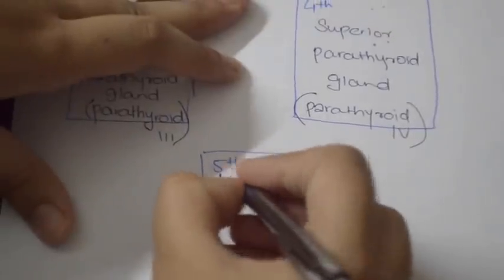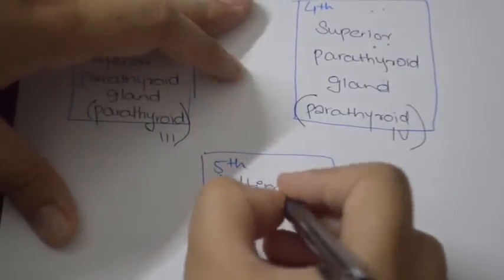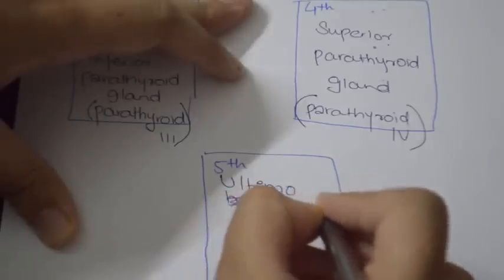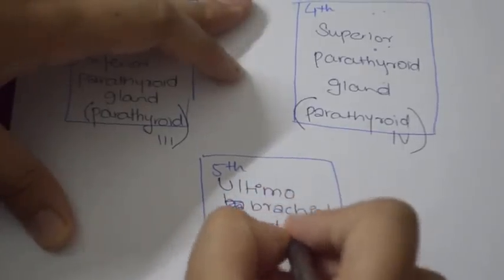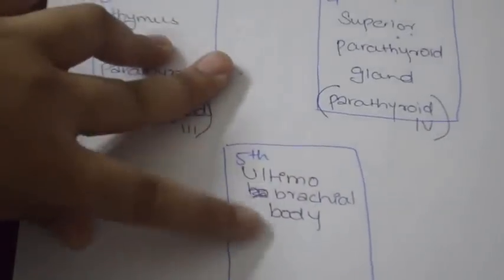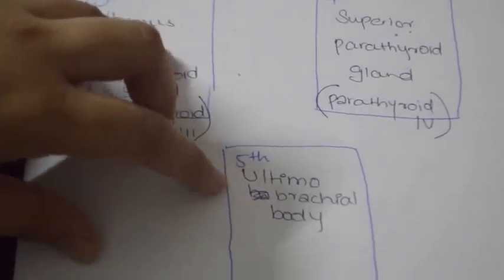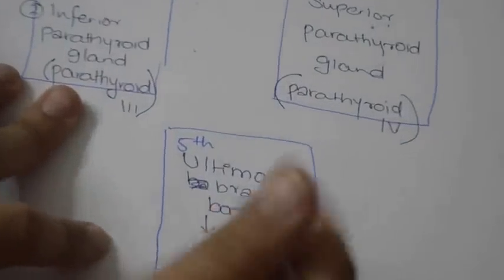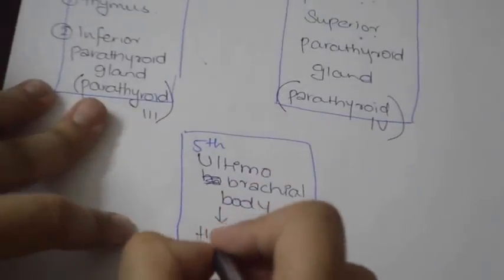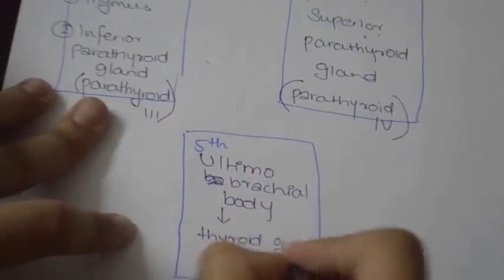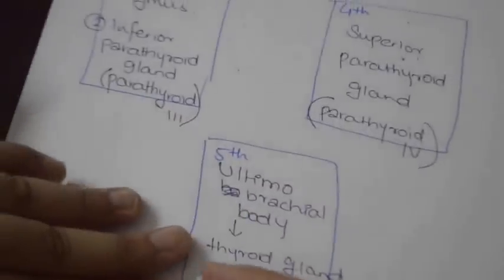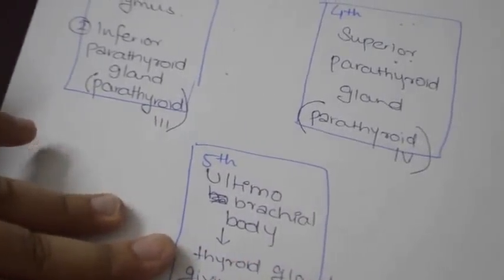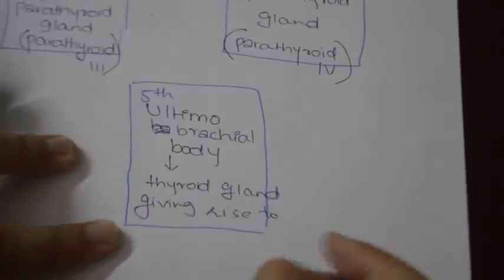It forms the ultimobranchial body, and this ultimobranchial body, which is formed by the fifth pharyngeal pouch, later incorporates into the thyroid gland, giving rise to C cells.